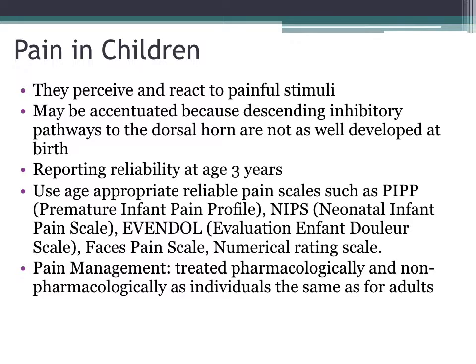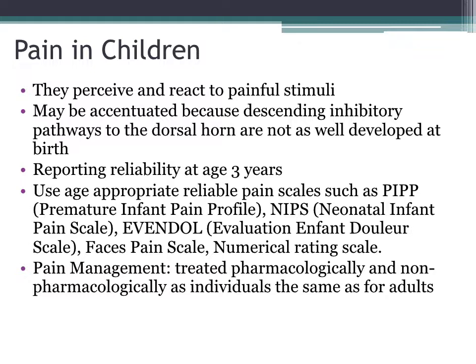We can find reporting reliability in most children by the time they're at the age of 3 years old. It's important that we use appropriate, reliable pain scales for each age level that we're assessing. For instance, we have one that's known as the PIPP, the premature infant pain profile.